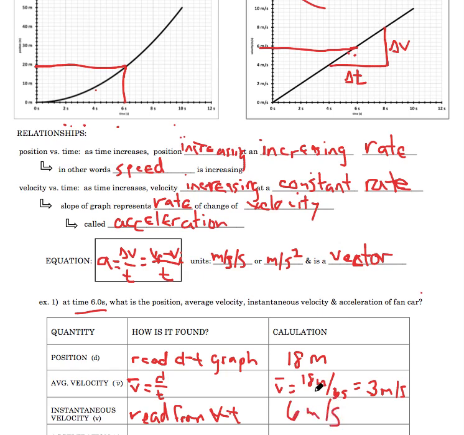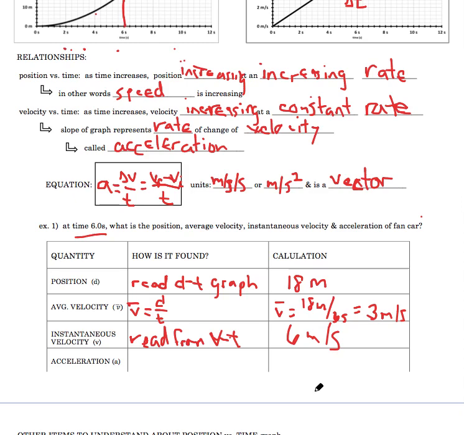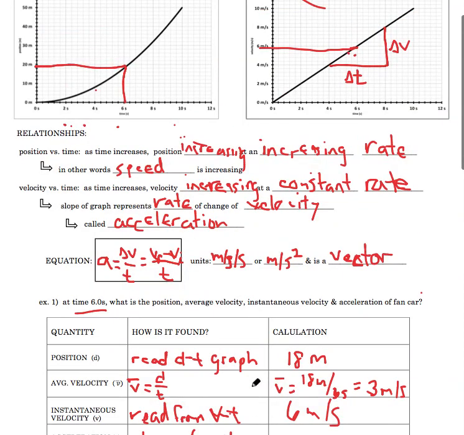All right, and lastly, what is our acceleration during this interval? We can do that from the equation, which is really just the slope of the VT graph. So if we look at that, after 6 seconds, we already know that we've gone from 0 to 6 meters per second.